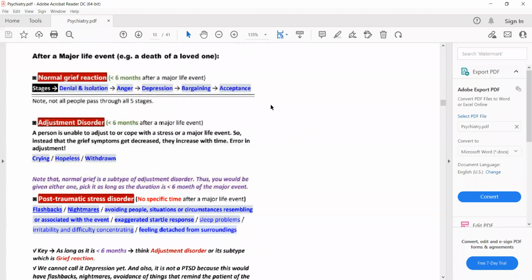And if someone after a major life event is in denial or in anger or in depression, then it will be normal grief reaction or adjustment disorder.